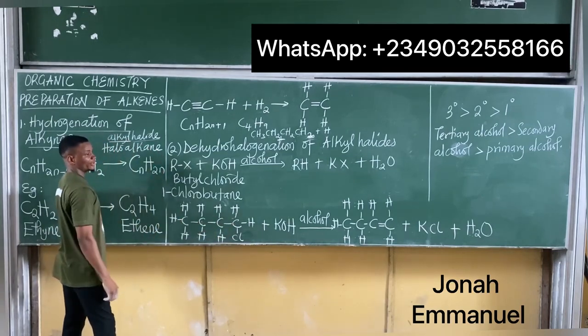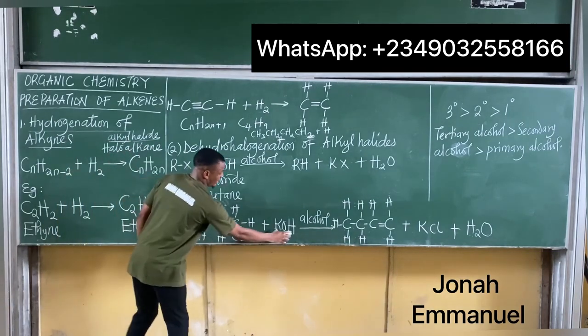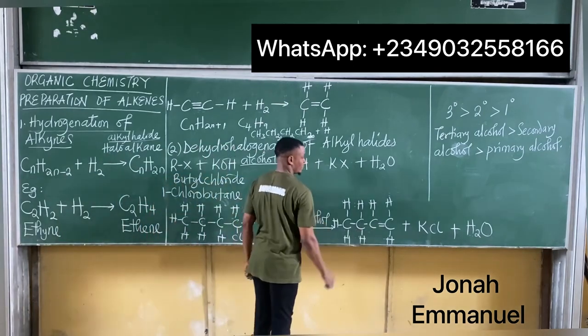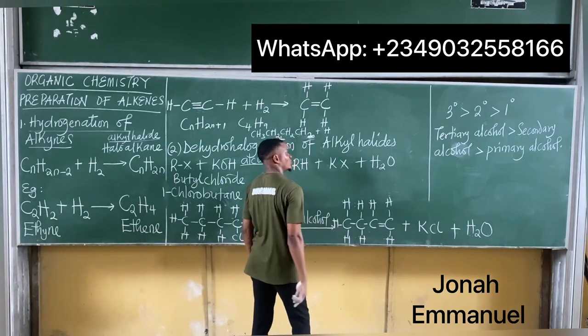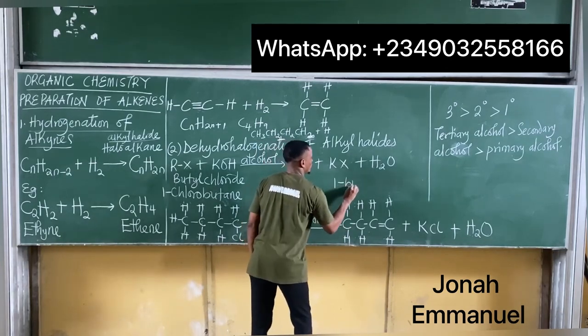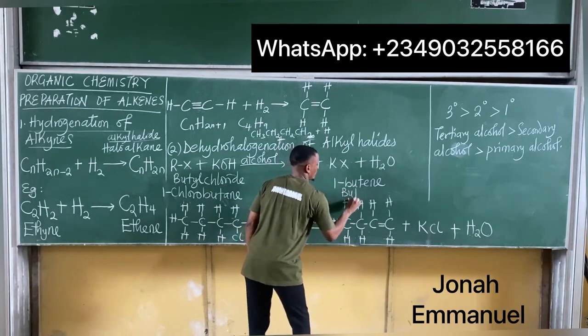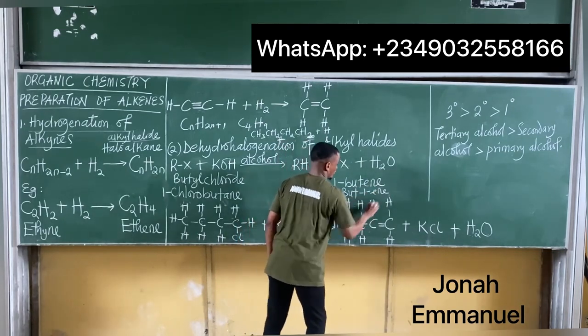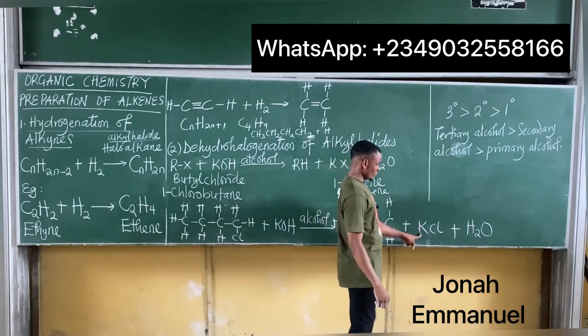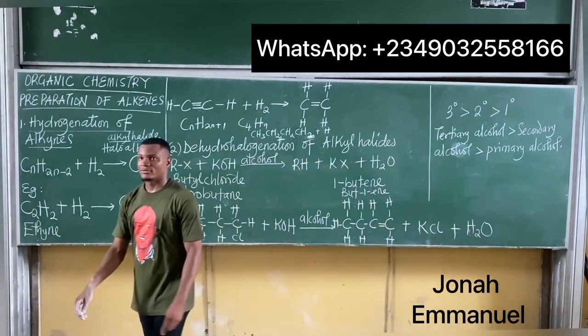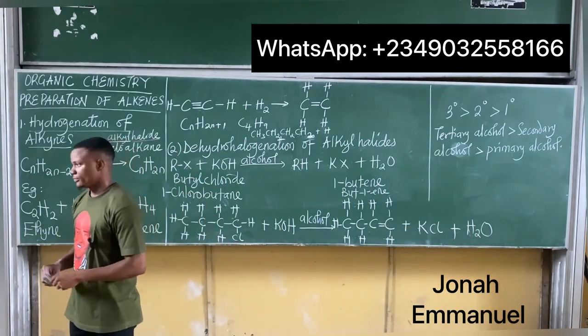So 1-chlorobutane, that's the name. What do you have here? Potassium hydroxide. What do you have here? Don't tell me butane. What do you have here? 1-butene. What do you have here? This one here. So please just be observant. That's all.